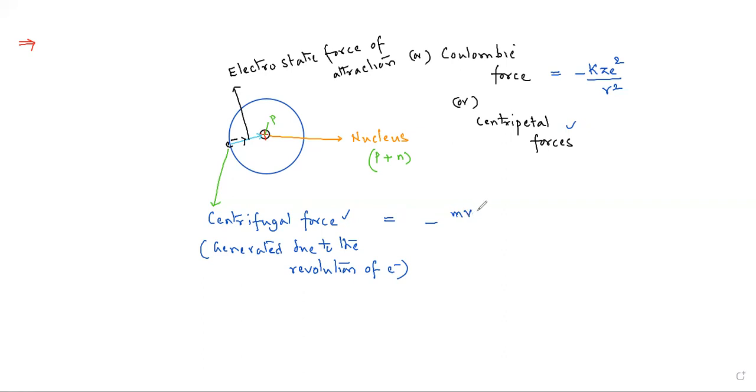You know, these two are equal in magnitude, opposite in direction. That is the reason why electron does not fall into the nucleus.